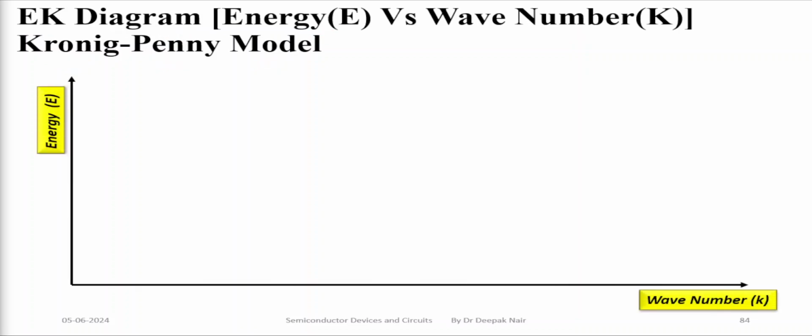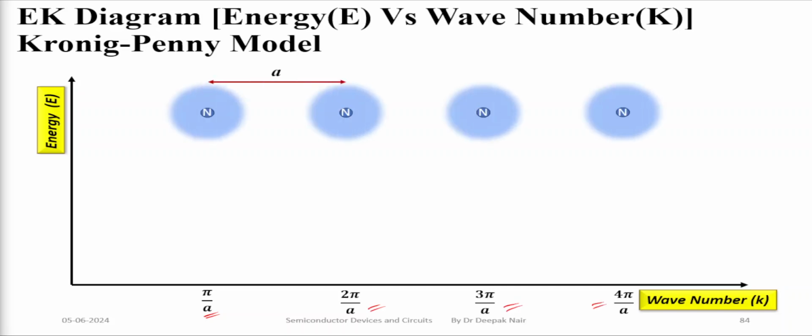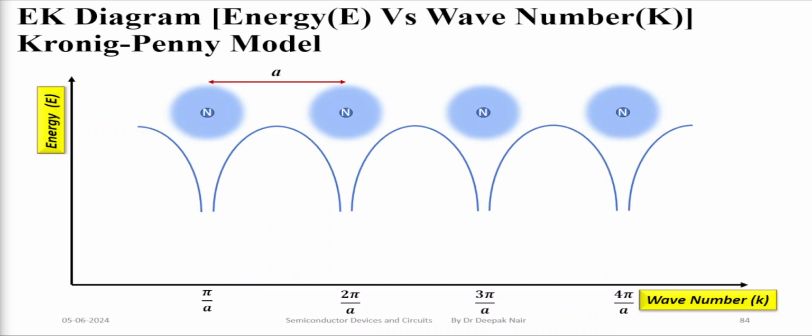So what is in this model? In this model, you have wave number, which is represented by pi by a, 2 pi by a, 3 pi by a, 4 pi by a, and a is nothing but the distance between the two atoms. So suppose we have the same 1D lattice with 4 atoms separated apart by a distance a, and if you want to plot the energy in the y-axis with respect to the distance in the x-axis, okay, then in that case we may end up with something like this.